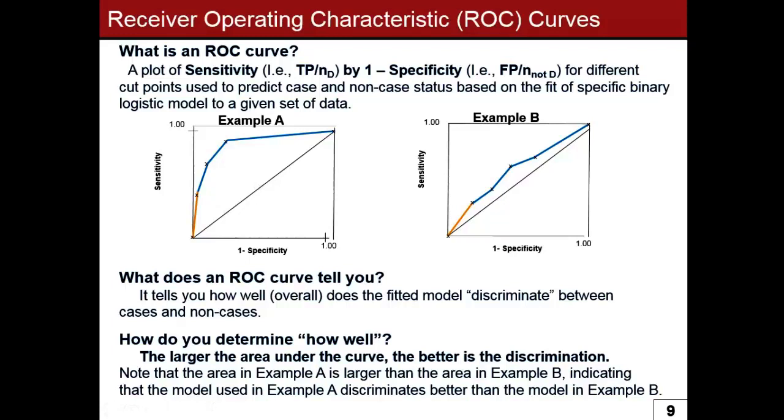What that really means is that there are going to be some points out here in the upper left corner where there's very high sensitivity and very low 1 minus specificity, which means very high specificity. If you're in this corner, there are cut points at which we have very good sensitivity and very good specificity. That means there's some magic cut point at which your model is awesome.